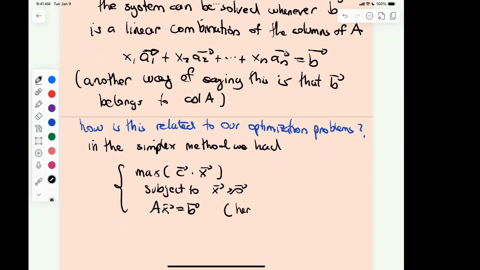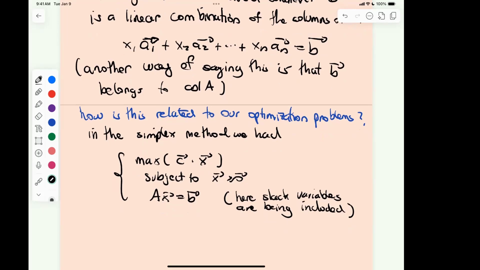Here I mean already including the slack variables so that you could have equations. And so if you see the conditions that define the polyhedra, they do involve a system of equations, right?